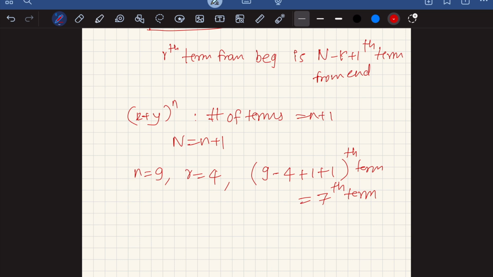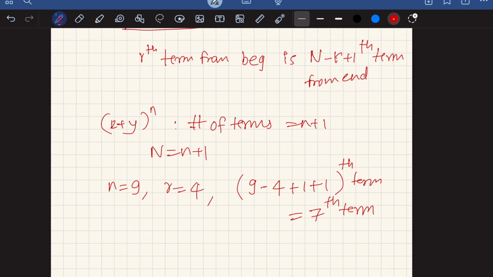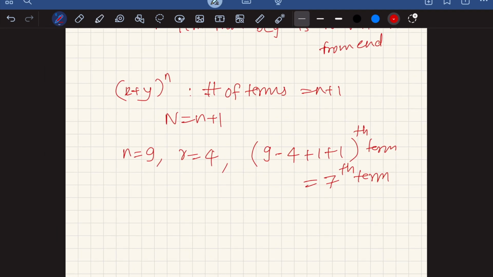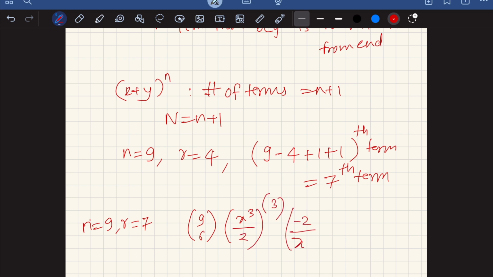It is n is 9 plus 1, which is 10, and n minus r plus 1 would be 10 minus 4 plus 1, which is 7. And so we will plug this in, so you take r equals 7 and n equals 9, and then this is what you get.